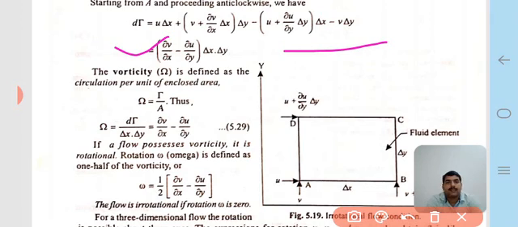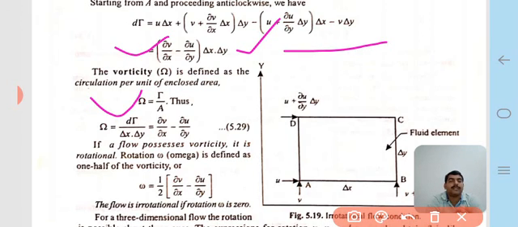Vorticity is denoted by omega, and it is defined as the circulation per unit enclosed area, that is chi upon A. Therefore the vorticity is equal to d chi upon delta x delta y, and that value is equal to del v upon del x minus del u upon del y, from the above equations.